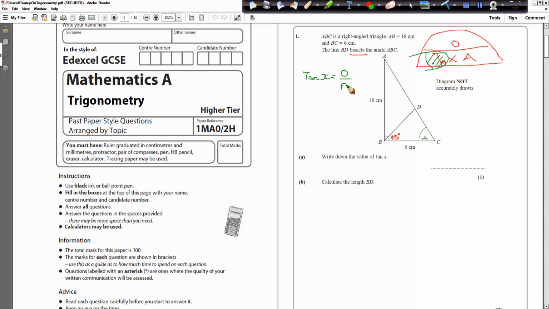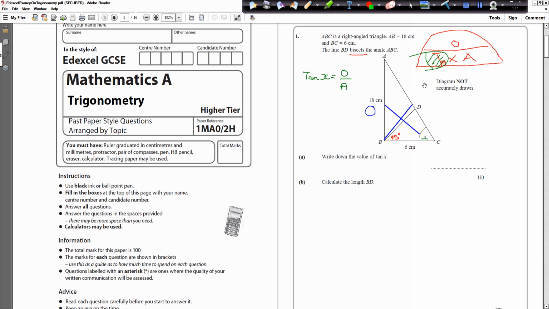So what we need to do before we start putting values in is start labeling the diagram. Opposite this angle here, what do you call that? Opposite. And opposite the right angle, what do we have?